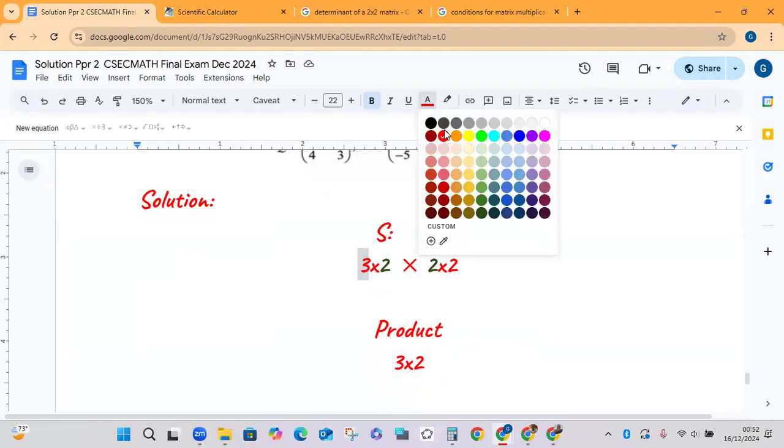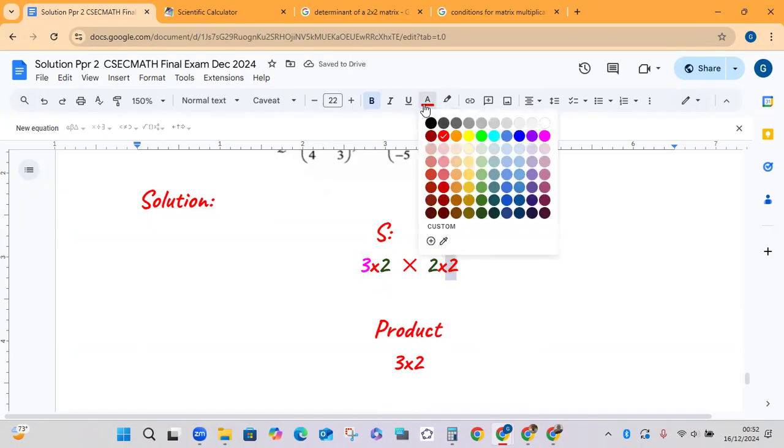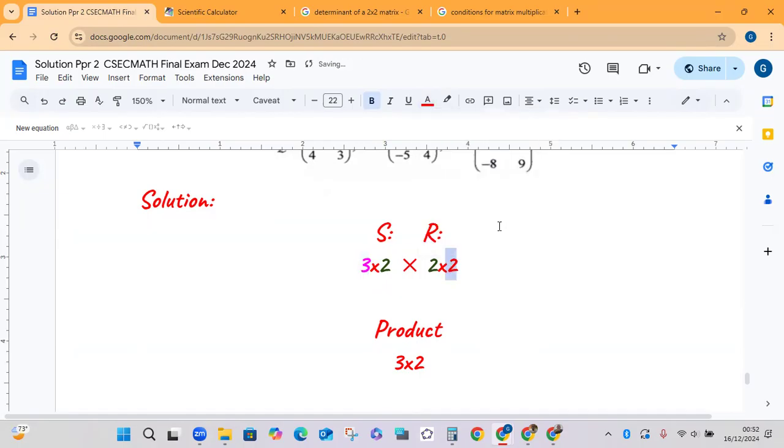That's 3 by 2. So we can color code this. The product is going to be a 3 by 2.